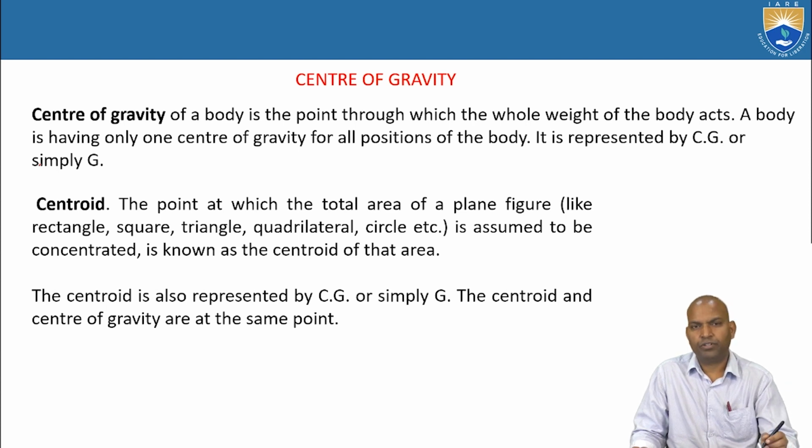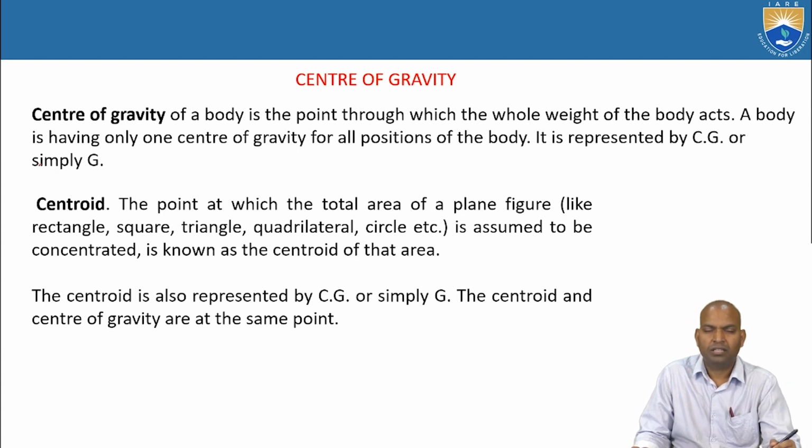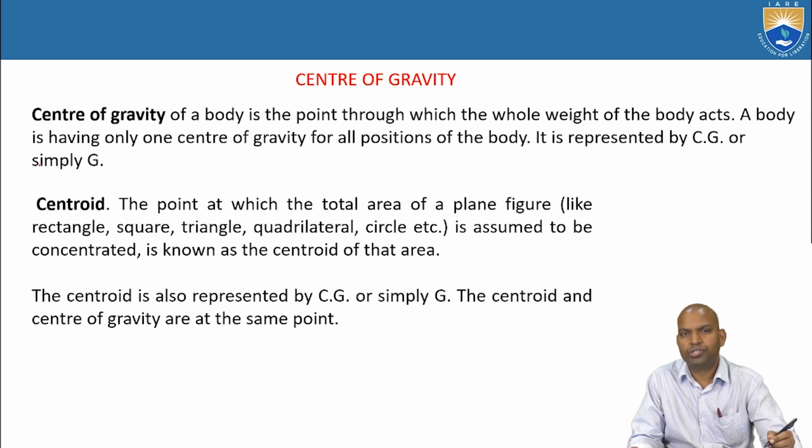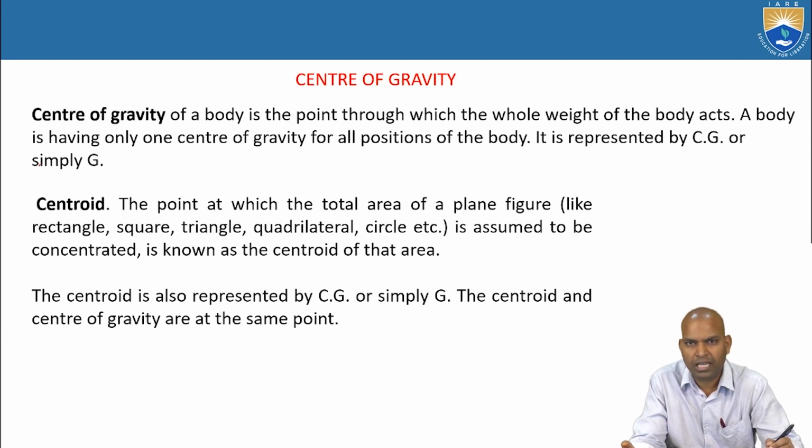Now, before starting the centroid, there are certain similar terminologies to understand: center of gravity, centroid, and center of mass. The center of gravity is the point about which the whole weight of the body is acting.